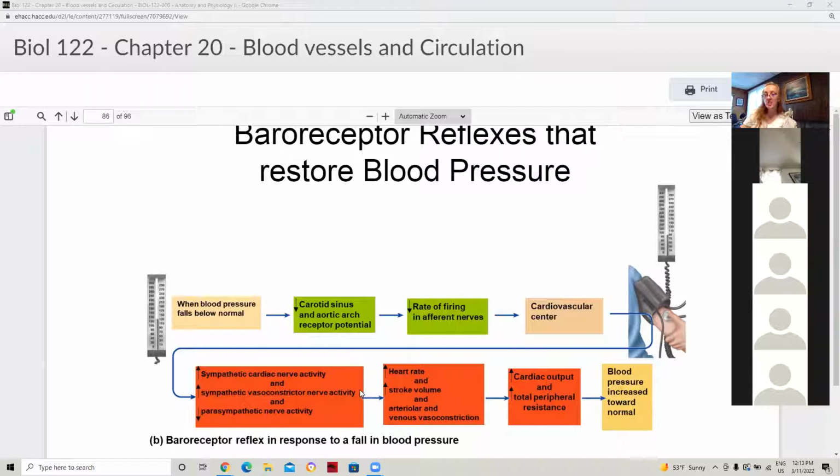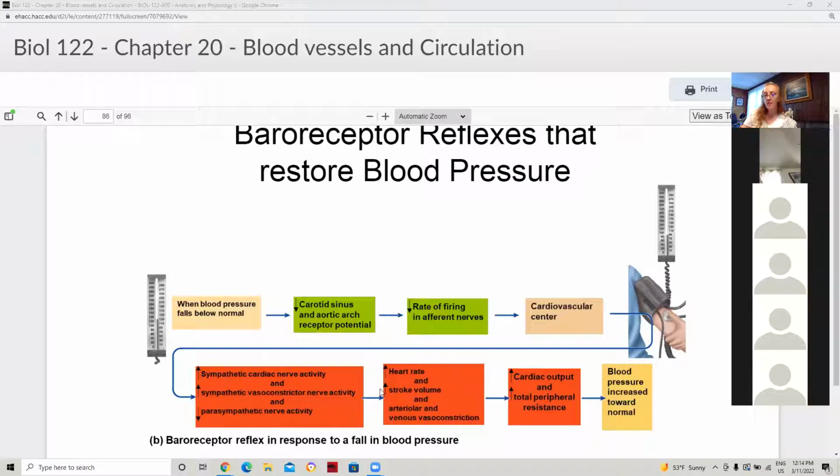The result is increased sympathetic cardiac activity on the heart, increased sympathetic vasoconstriction, so more vasoconstriction, and decreased parasympathetic activity, so less slowdown of the heart. And the result is that you're going to increase stroke volume, increase heart rate, and increase vasoconstriction.